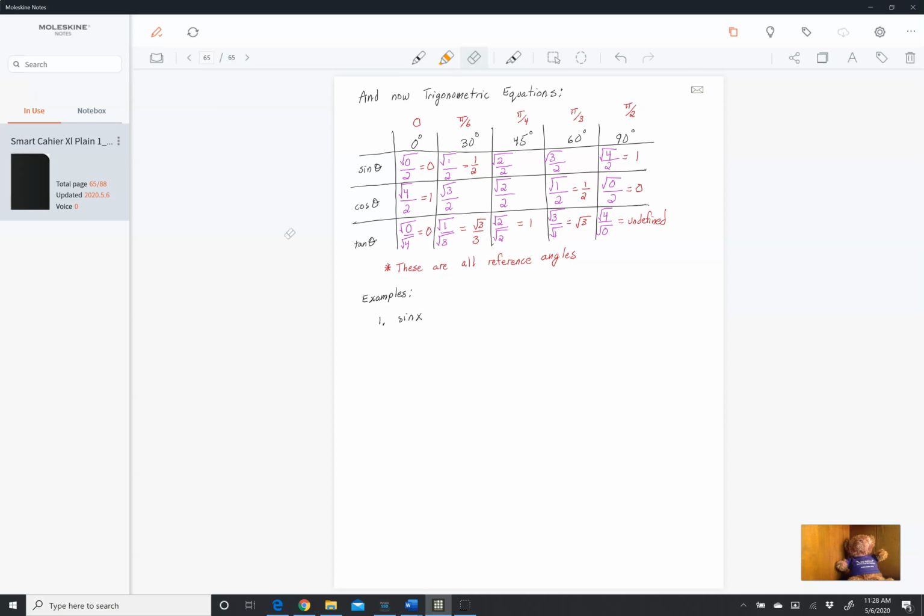So let's take the sine of x plus the square root of 2 is equal to negative sine of x. Okay, this is going to be our first equation to solve.